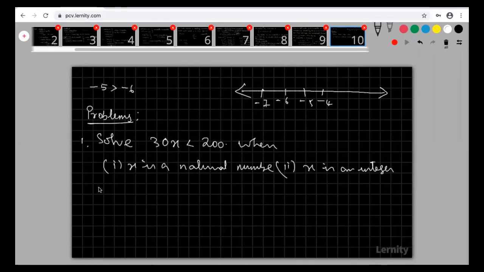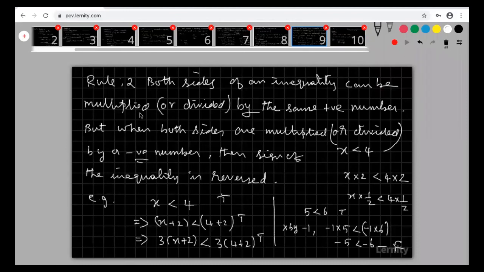Right. First of all, look at that. What is given? 30x is less than 200. I am going to make the inequality simple. How, sir? I am going to divide both sides by 30. 30 is a positive number. By rule 2, I am dividing both sides by a positive number.